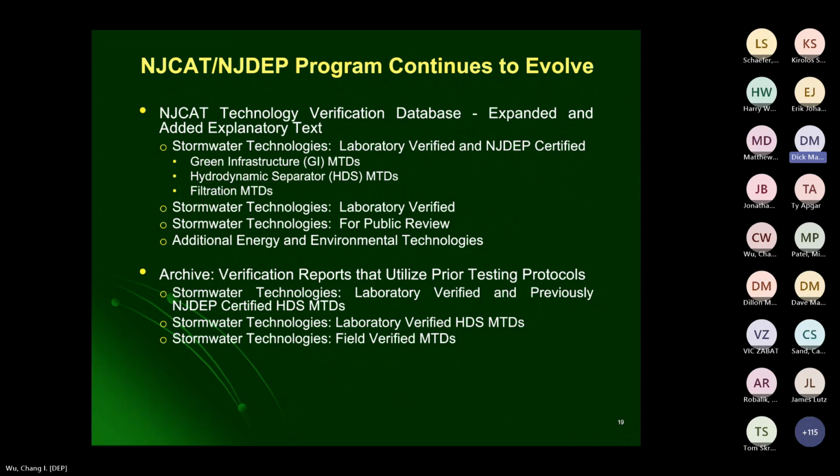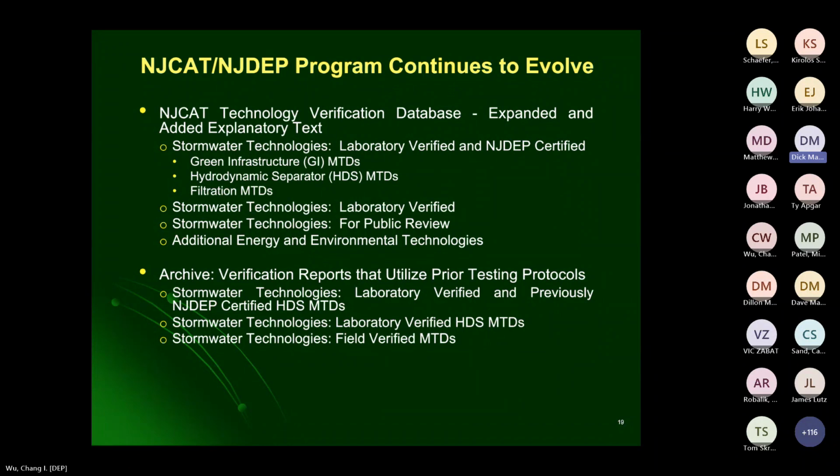they cannot be used in New Jersey. There's a category for public review, which just lets you know that certain technologies are still in. We have a very extensive public review process, so some technologies are out there and they have to go through scrutiny by the public, which really means the other manufacturers. And then there's a list of additional energy and environmental technologies.